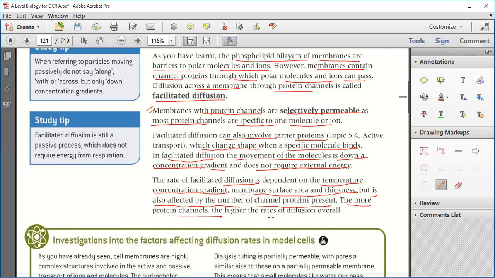The more channel proteins, the higher the rate of diffusion overall. So in total, there are 5 things that can increase the rate of facilitated diffusion. Clear? Any doubts?